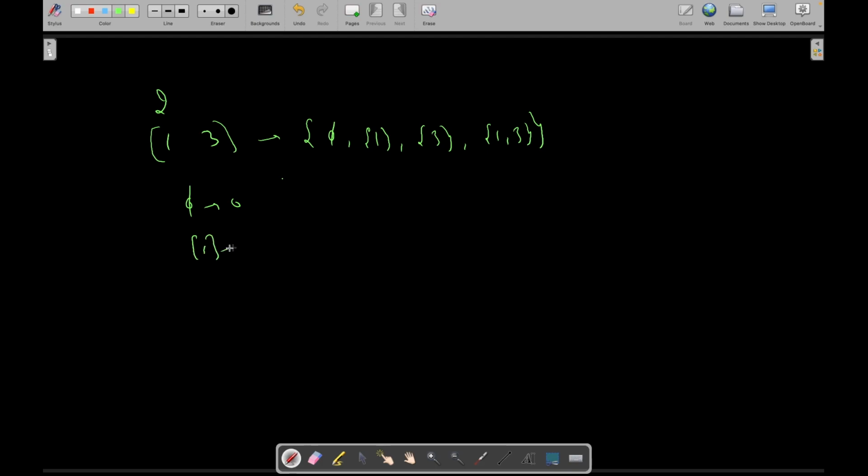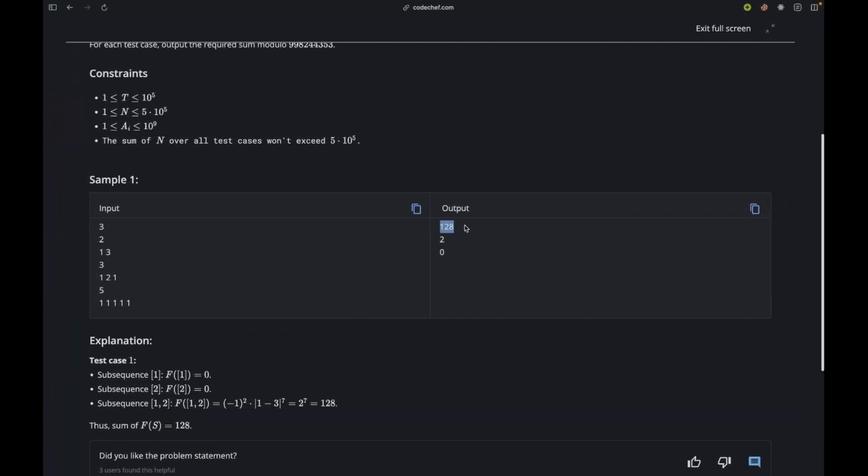For 1 the answer is 0 because we need at least 2 elements. For 3 the answer is still 0, and for 1 and 3 it is equal to |1 minus 3| to the power 7, which is 2 to the power 7, which is equal to 128. So that is the answer here.